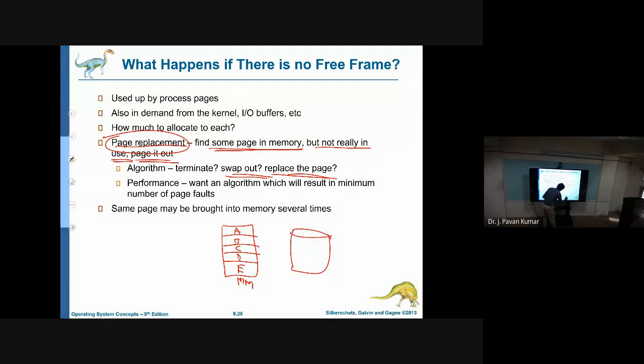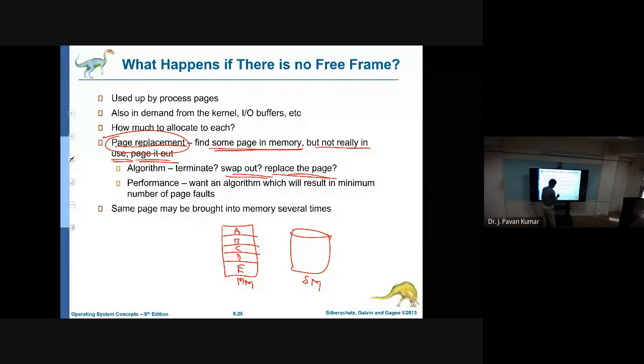From the hard disk, the secondary memory, obviously. Now, suppose we want to replace C here. Then let us say F is the required page, which we bring here.